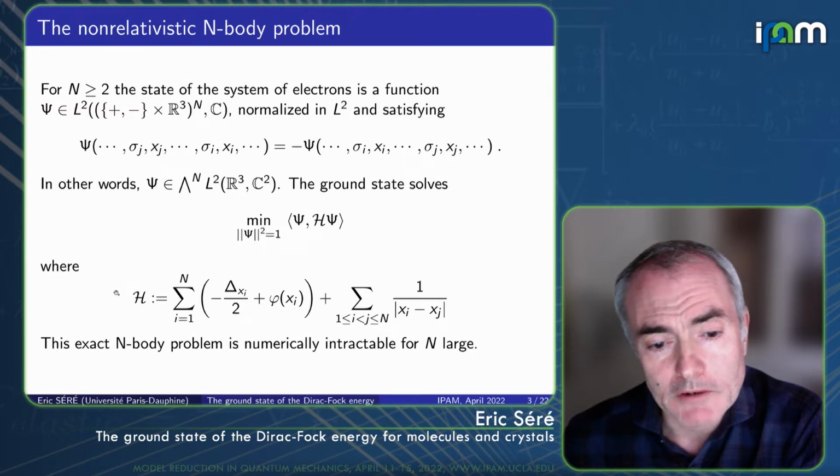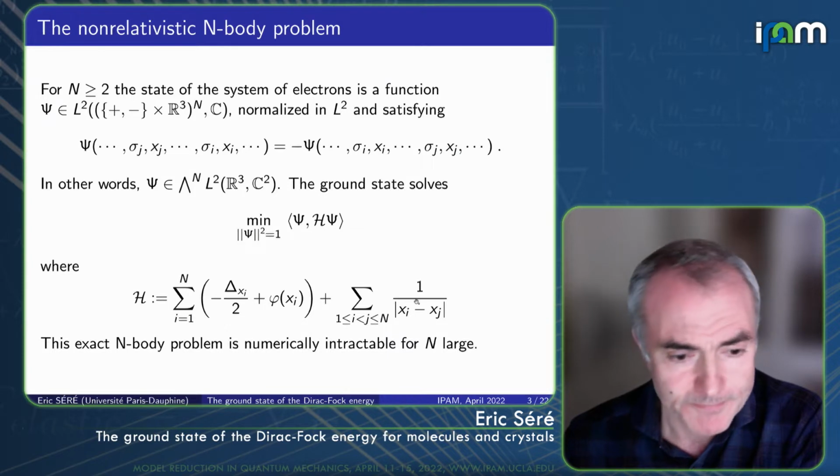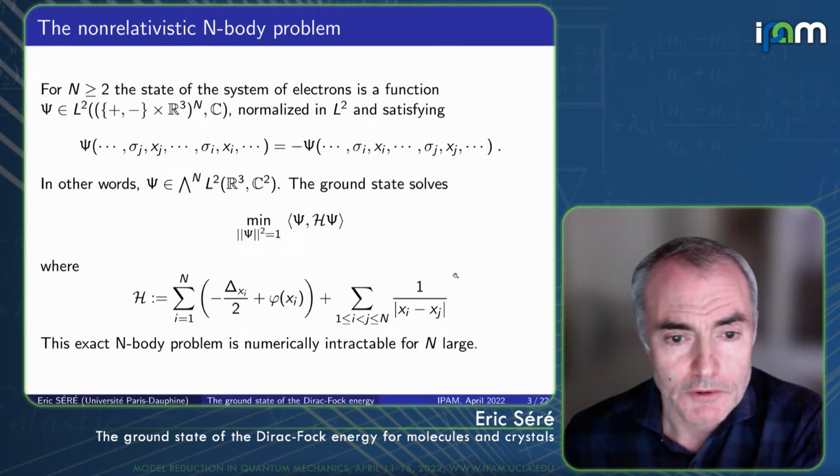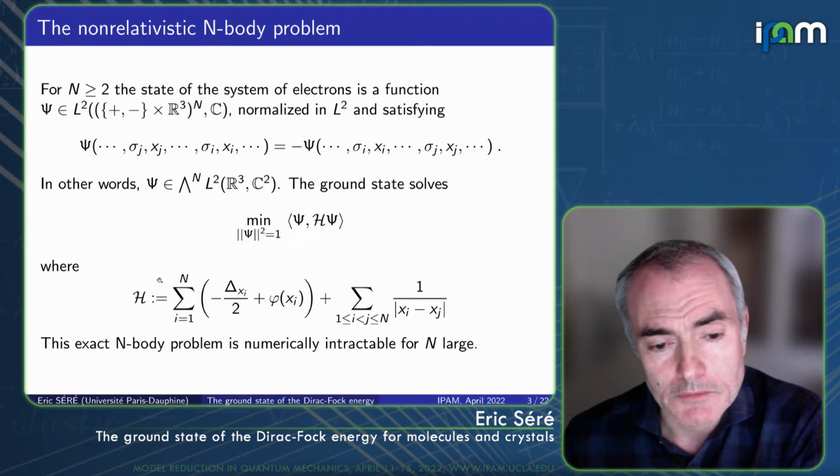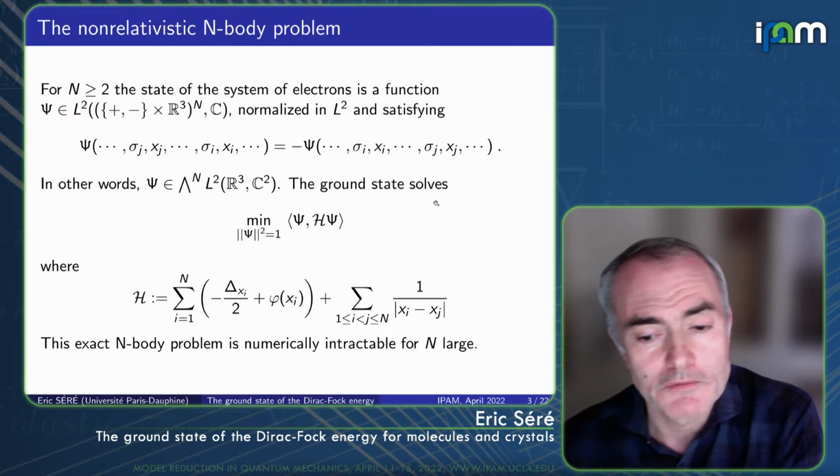But now the Hamiltonian is the n-body Hamiltonian. And as you know, the main problem in quantum chemistry is that this Hamiltonian lives in a space which is much too big, and so this makes numerics quite hard.